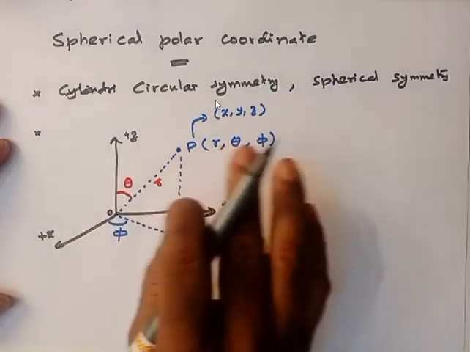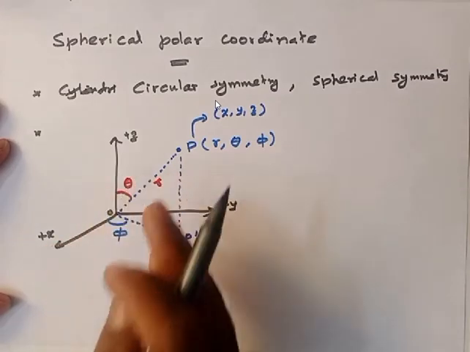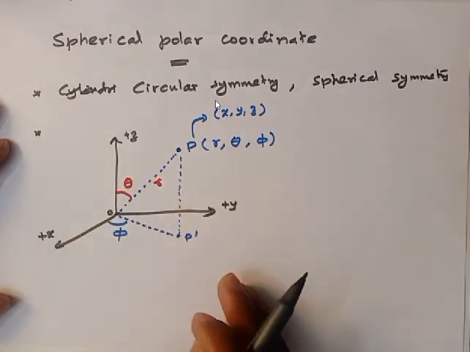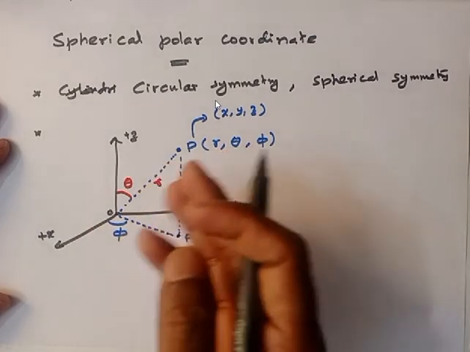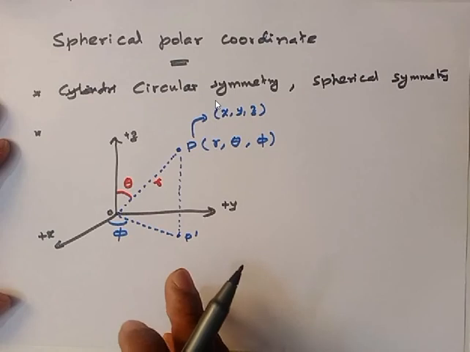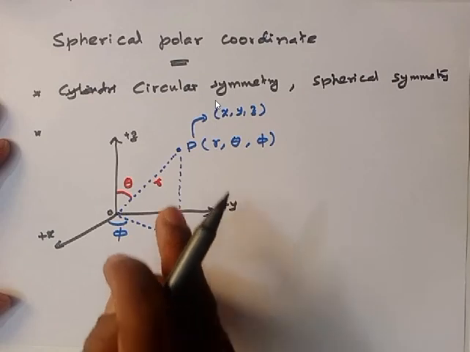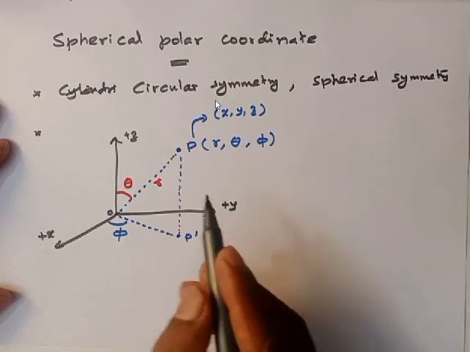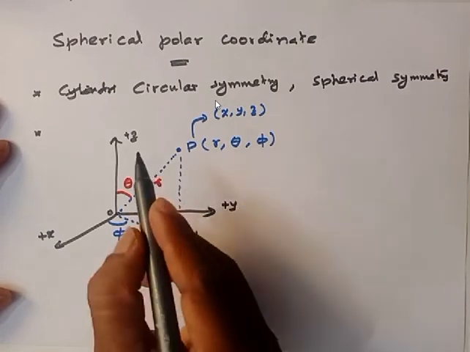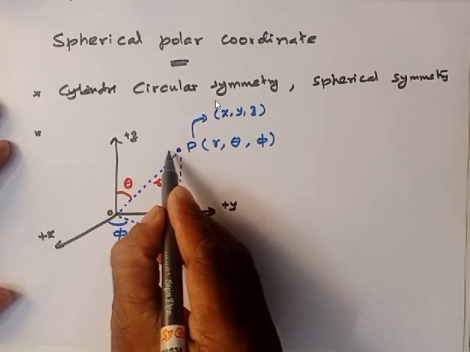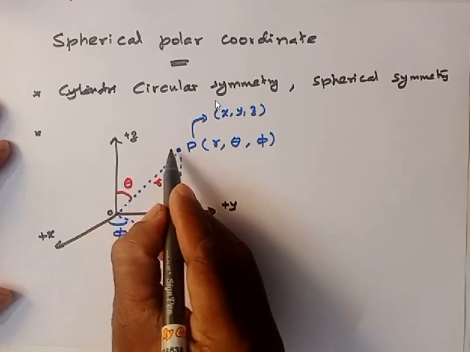Yes, we can find the relation by making use of some trigonometric properties or triangle properties. Very simple, how to do that. First I'll join the point P to the z-axis.